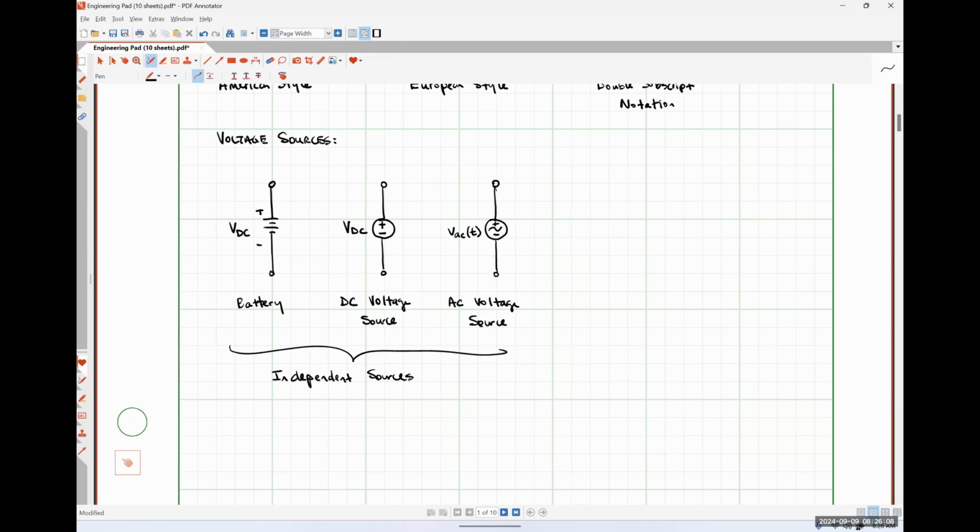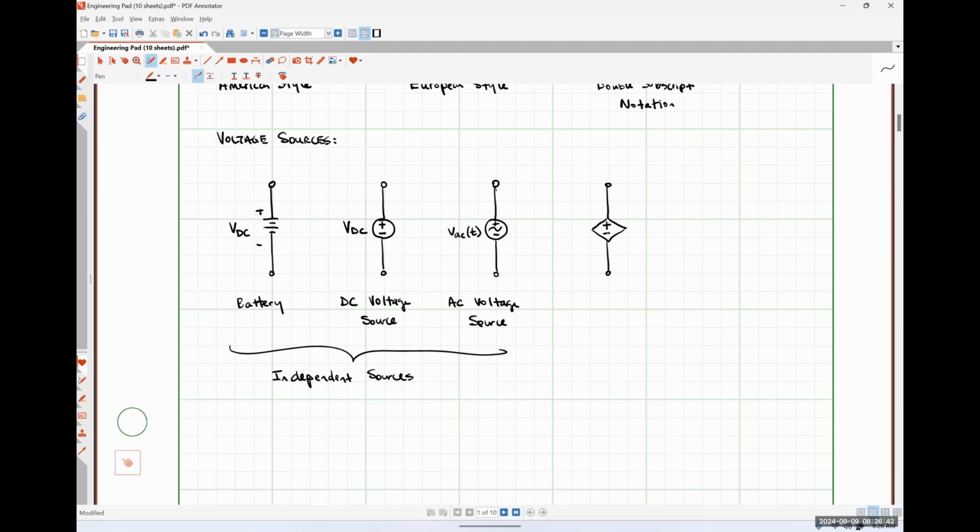Now, in contrast with those independent sources, we're going to have 2 dependent sources that we're going to look at as well. So we're going to differentiate between an independent source and a dependent source by using a diamond. Because it's a voltage source, I'm going to have a specific positive polarity terminal and negative polarity terminal.